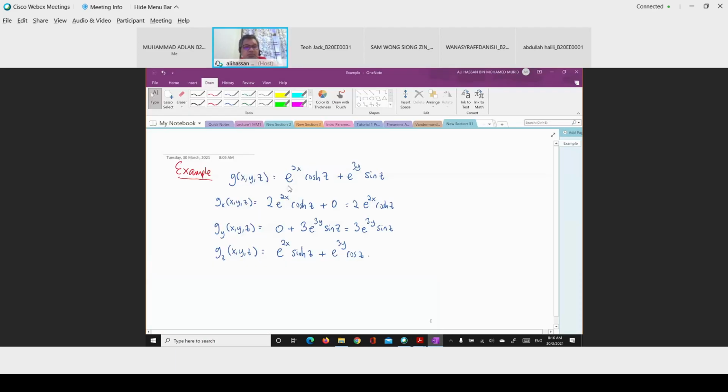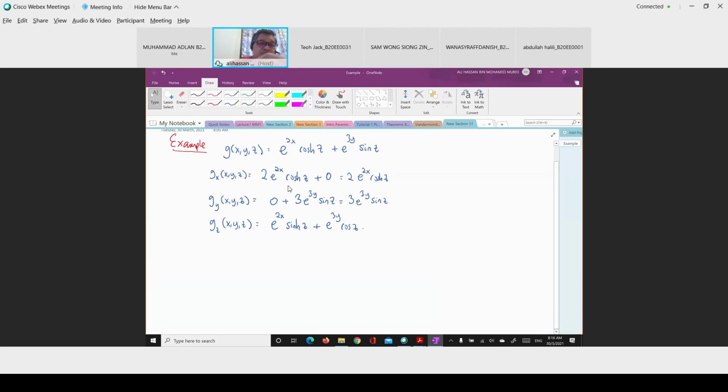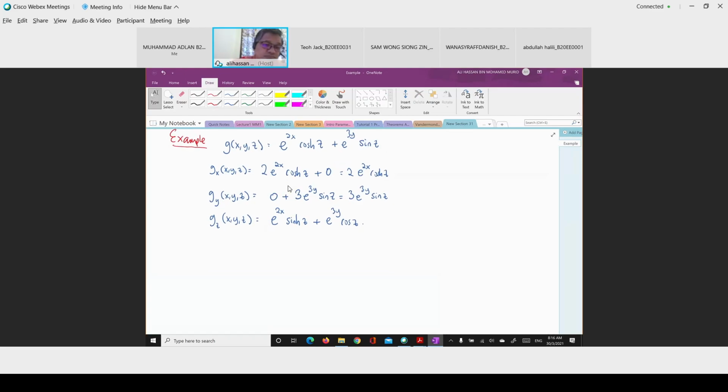So let's look at some example here. Suppose we are given this function here.